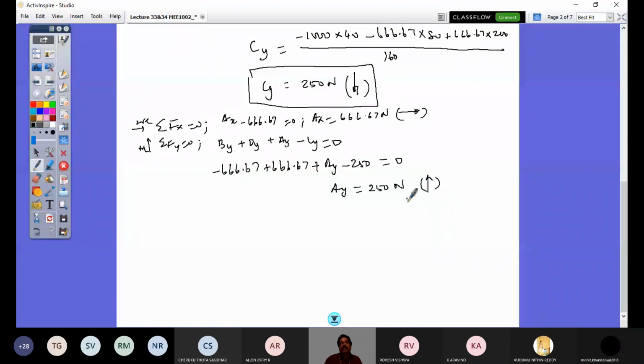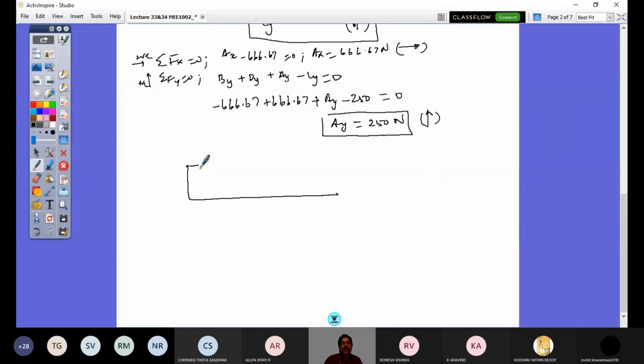Your final answer here is, if this is my member, this point is A. At point A, I have Ax to the right. So I will have here a component Ax. What we have got, Ax is 1000 Newton. Right?